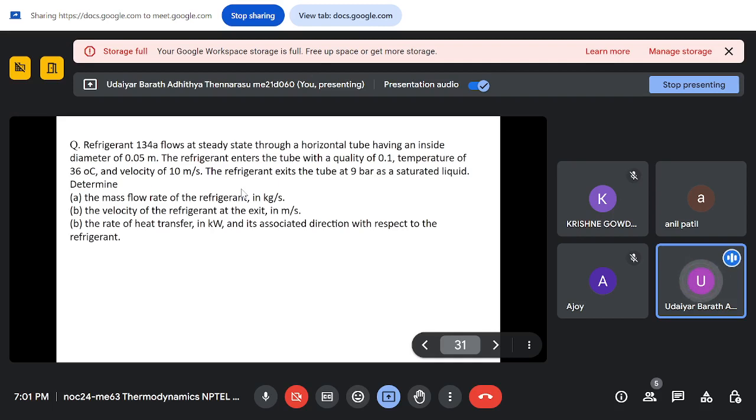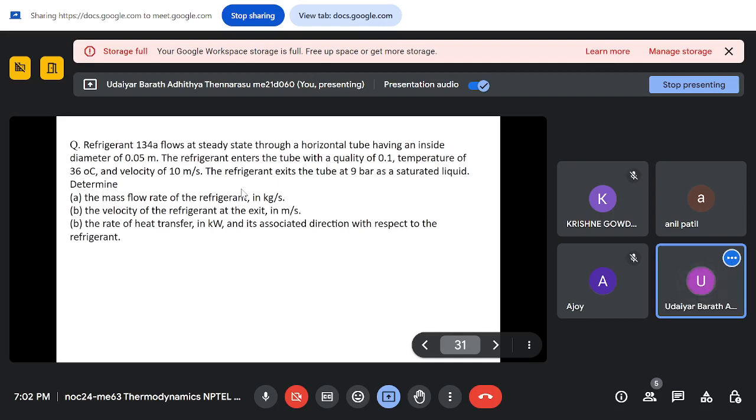The refrigerant enters the tube with a quality of 0.1, temperature of 36 degrees Celsius and velocity of 10 meters per second. So we have a constant horizontal tube, a constant cross section. A diameter of 0.05 meter is given. R134A refrigerant is flowing inside, and your inlet quality is 0.1. And temperature is given as 36 degrees Celsius and 10 meters per second.